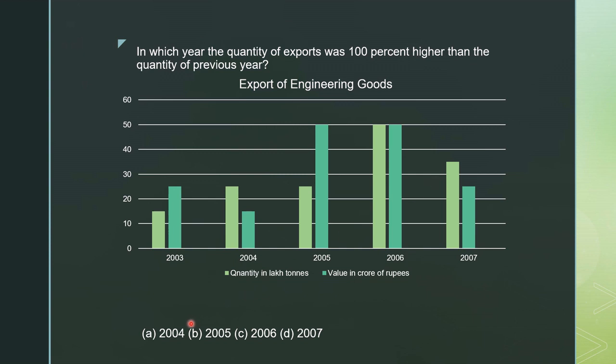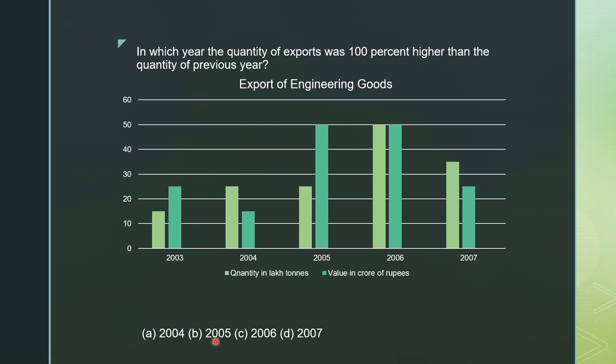So we have to calculate 2004 and 2006, option A and option C, because in 2005 the quantity of export of engineering goods was the same, and in option D, 2007, compared with the previous year, it was a decreasing value. So we can easily skip these two options. So we have to calculate A and C.